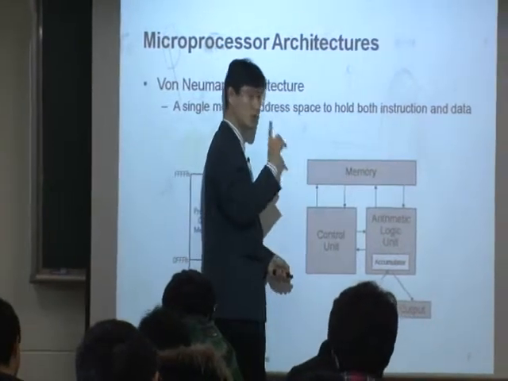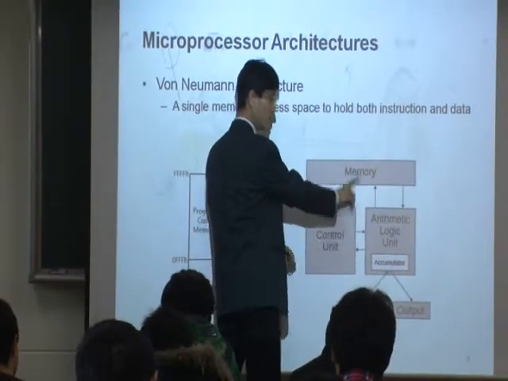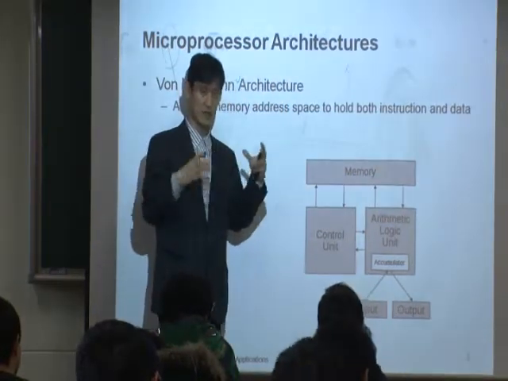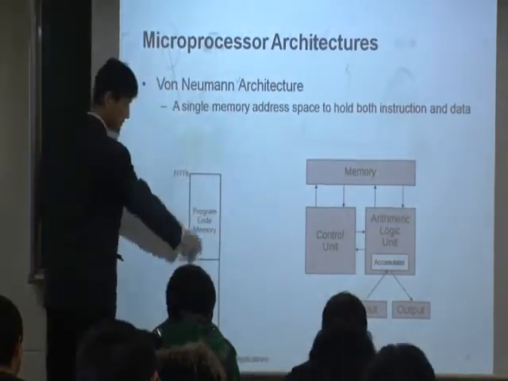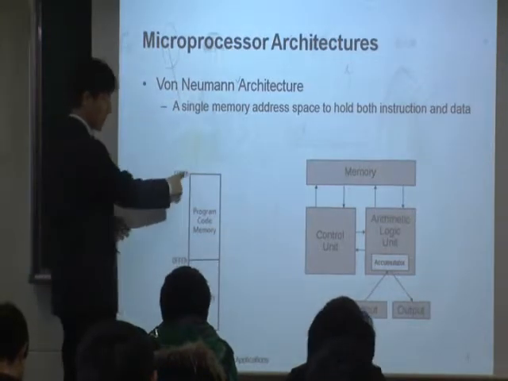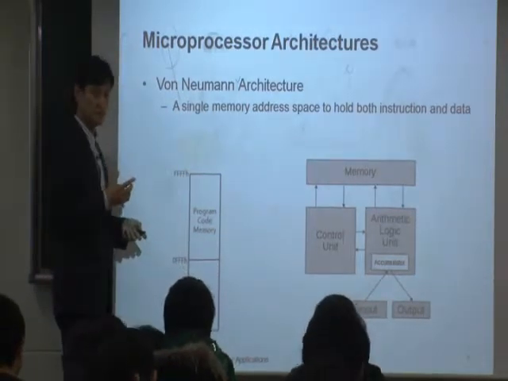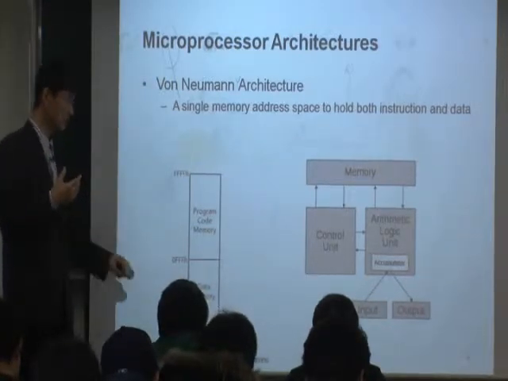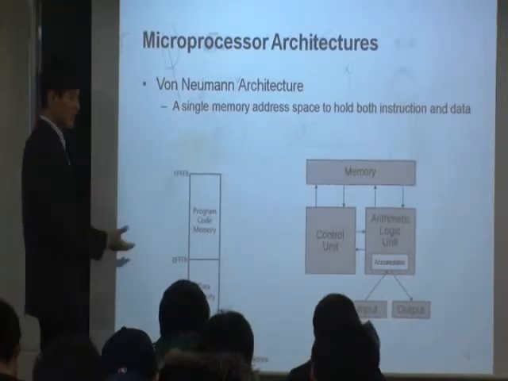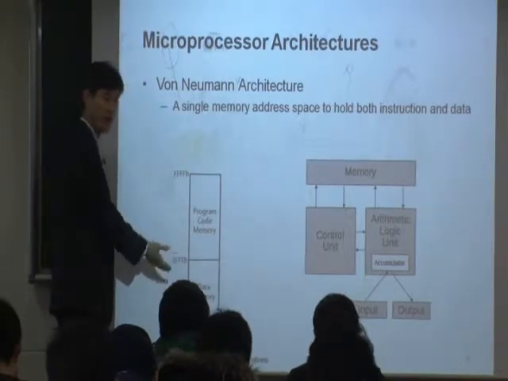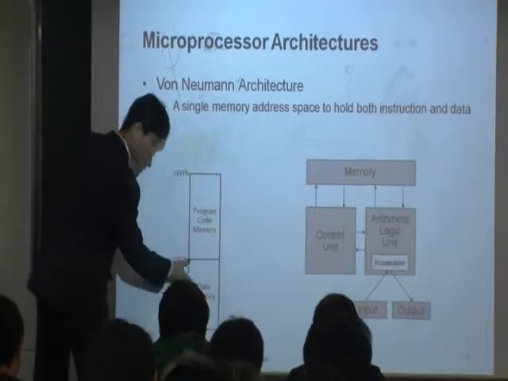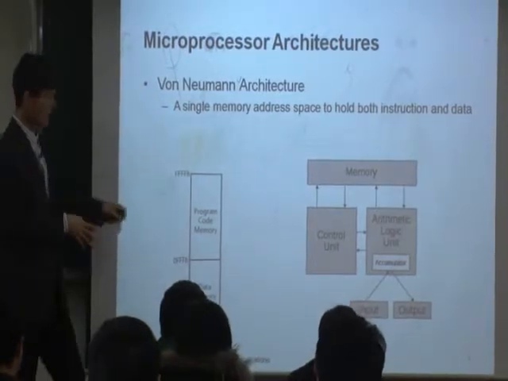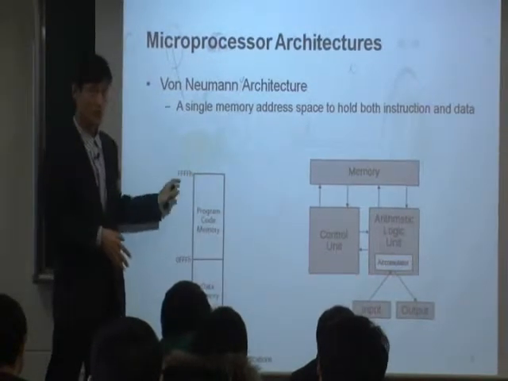We have only one bus, and using this bus, it is connected with one memory. Physically, it's just one memory. Therefore, you have only one address space. Out of this 64K of address space, this part we use as data memory, and the other part we use as code memory.